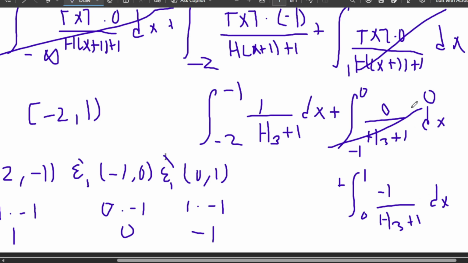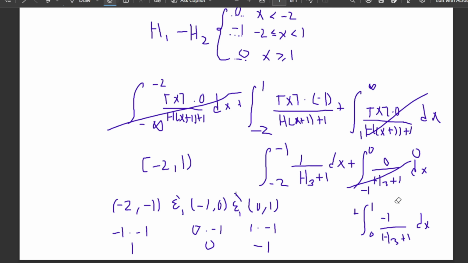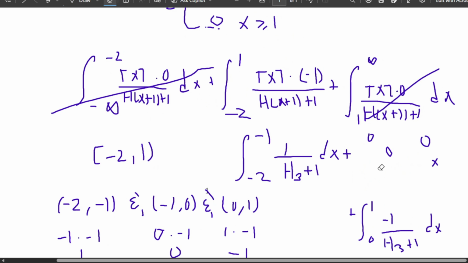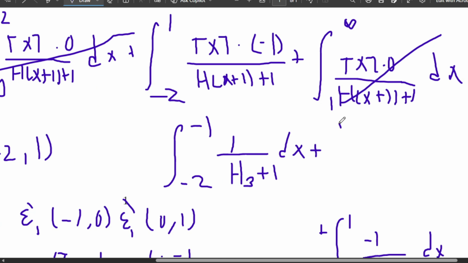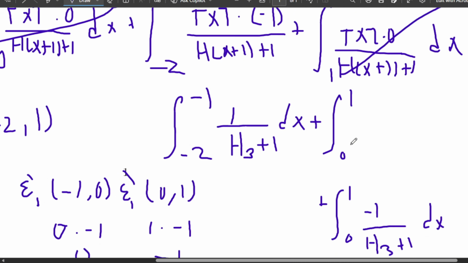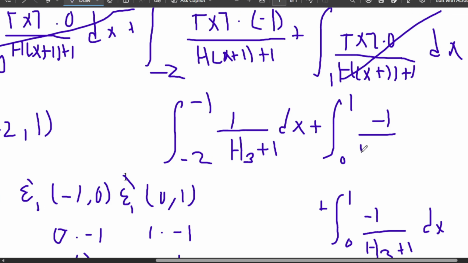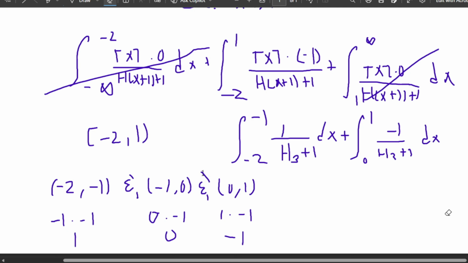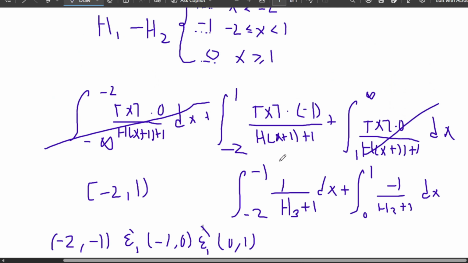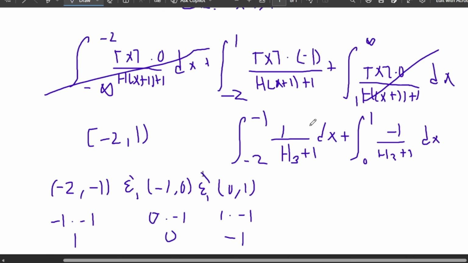The middle one vanishes, leaving us with the integral from negative 2 to negative 1 of 1 over h3 plus 1, plus the integral from 0 to 1 of negative 1 over h3 plus 1 dx. So what's our h3? Our h3 is h of x plus 1.